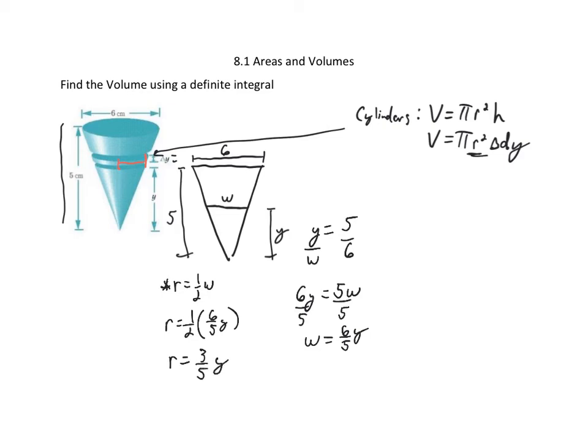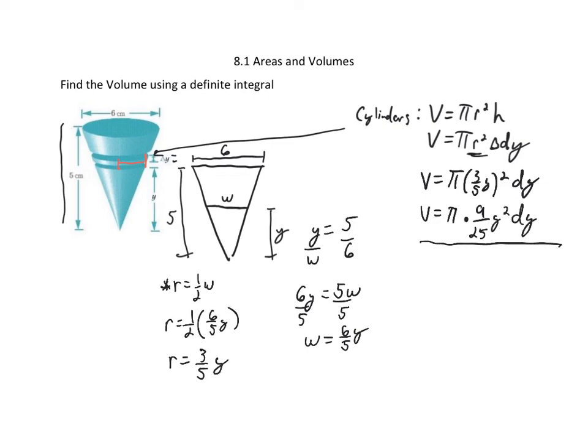So R is 3 over 5 y. So our volume now for an individual cylinder is pi times (3 over 5 y) squared dy. If I square this, our volume is pi times 9 over 25 y squared dy. That is the volume of an individual cylinder.